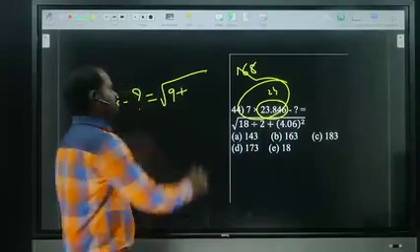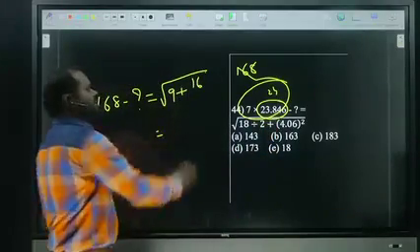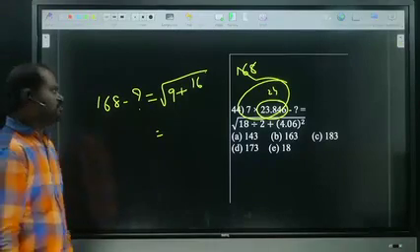What is 4 squared? 16. 16 plus 9 is 25. And the root of 25 is 5.